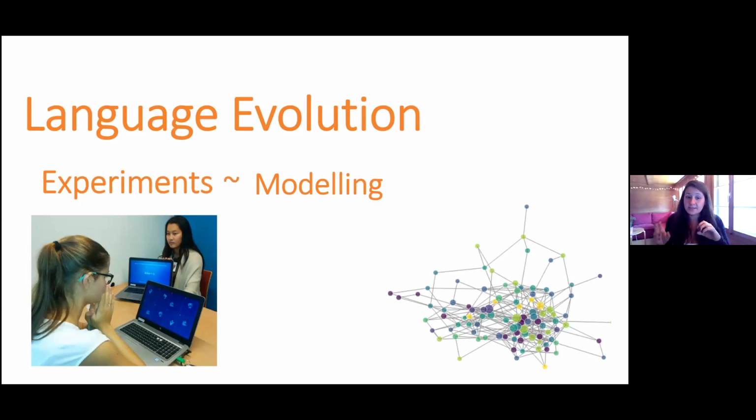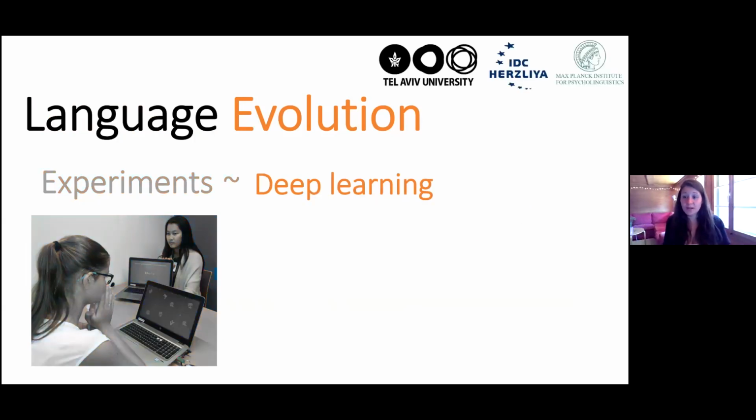But the behavior of the agent-based models that I used in previous simulations is actually a bit too simple and too abstract compared to humans on this kind of micro scale. It's not good enough. So what we want to do is examine this process in depth using deep learning methods. This is done in collaboration with brilliant researchers at Tel Aviv University and a postdoc who is being recruited as we speak.